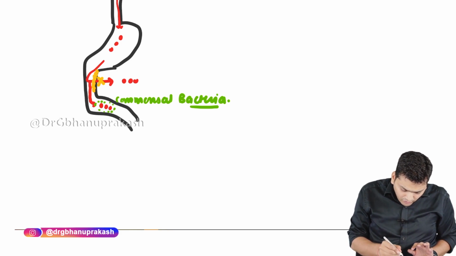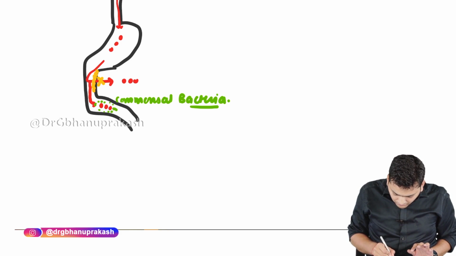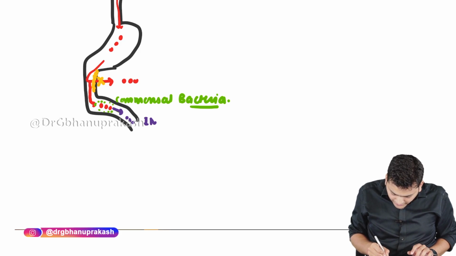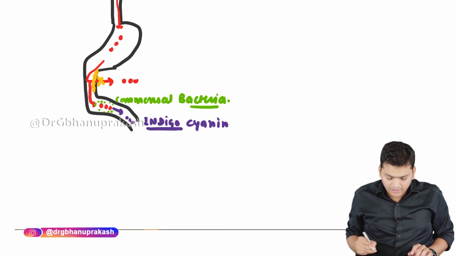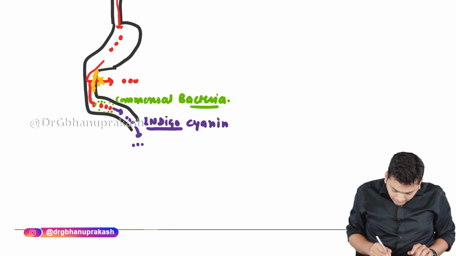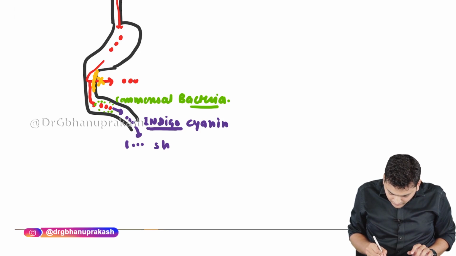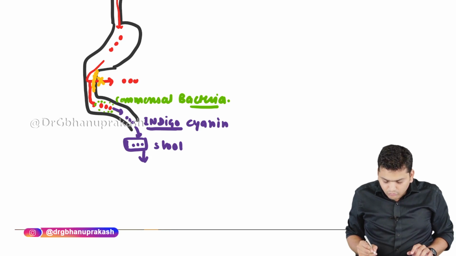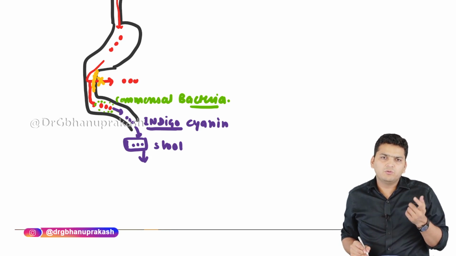Once they ferment it, the tryptophan molecule converts into a blue colored molecule, referred to as indigocyanin. That is basically a dye. This dye will come in the stool, and that will lead to blue discoloration of the diaper.